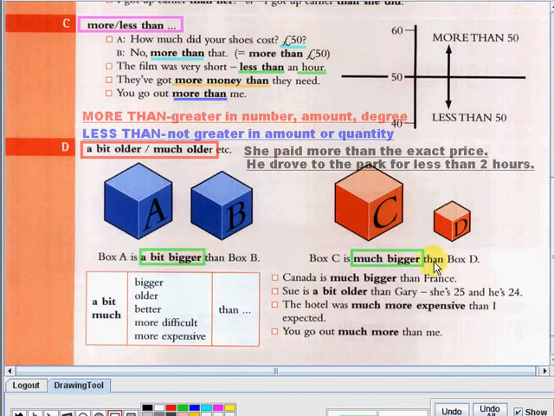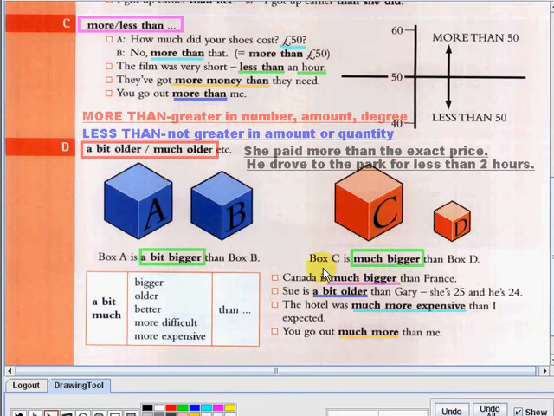Okay? Now let's have more sample sentences. For the first sentence, Canada is much bigger than France. Okay, notice that the word much is placed before the comparative, and then we will add the word than.